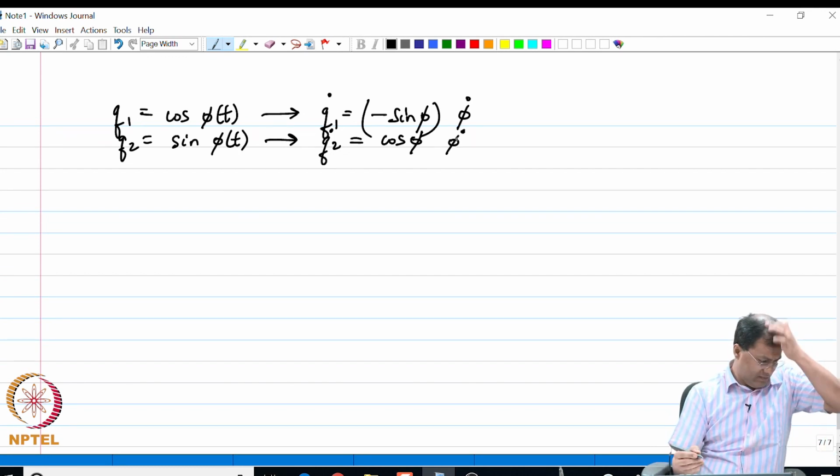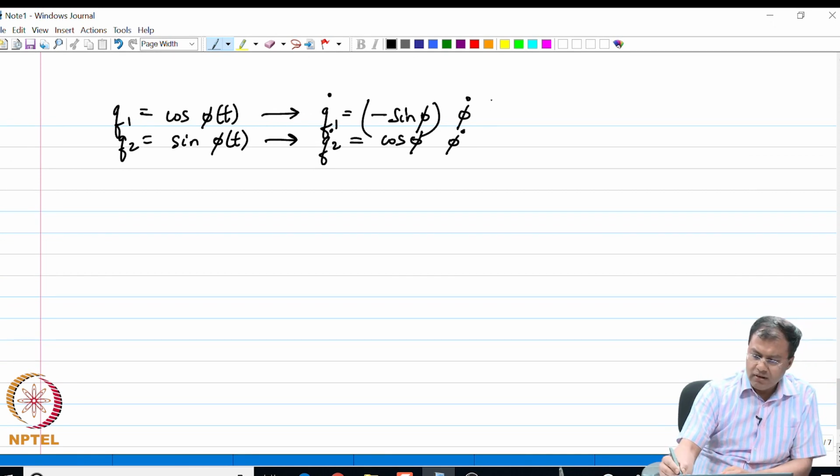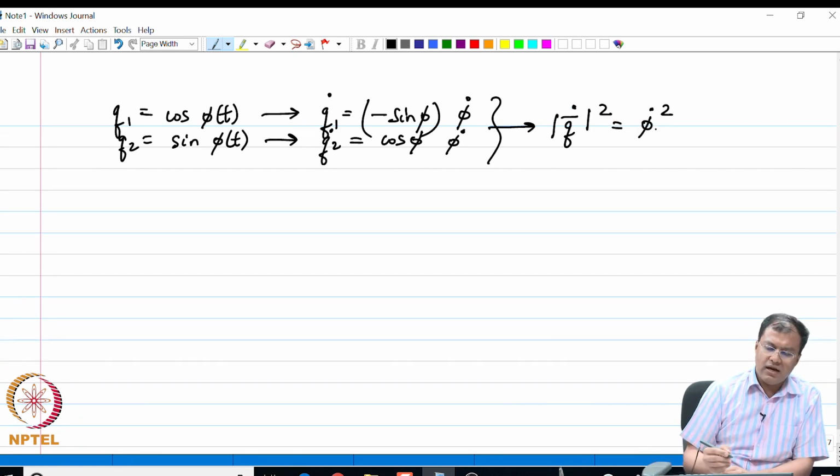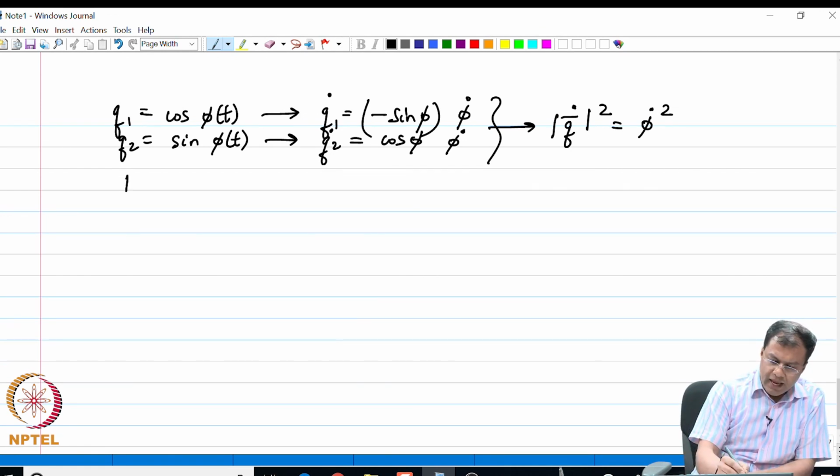Squaring and adding these two quantities, the absolute value of q bar dot square gives me nothing but phi dot square. Then the set of relations from A gives me the following set of equations.